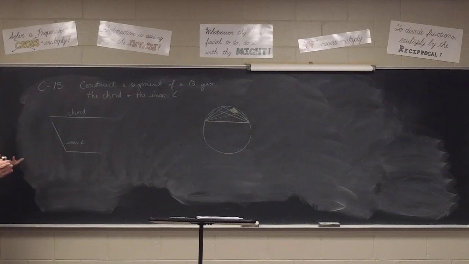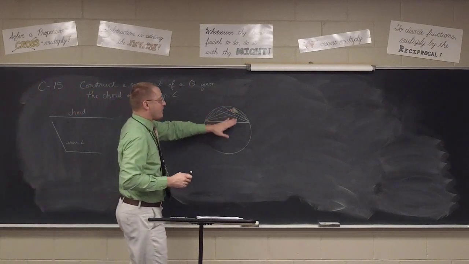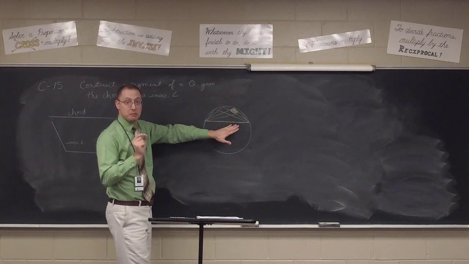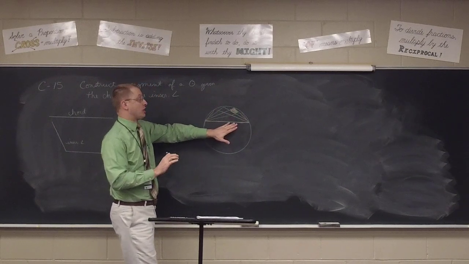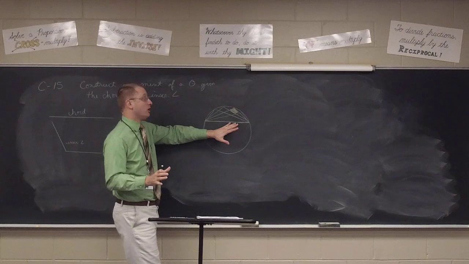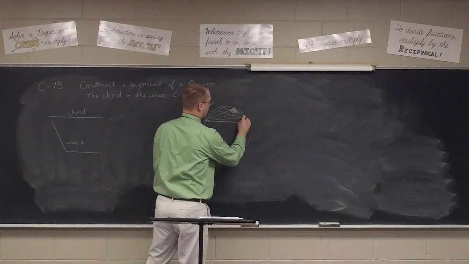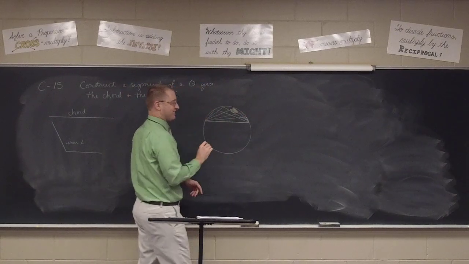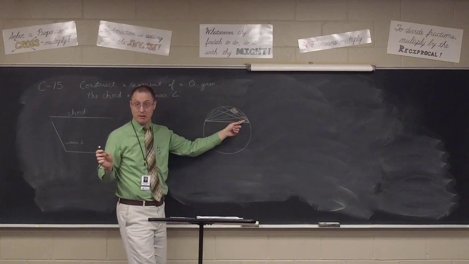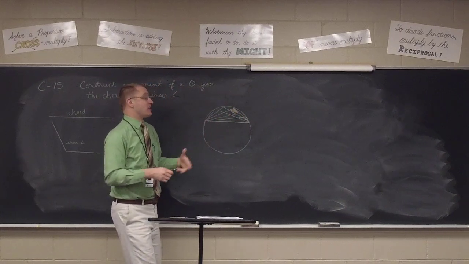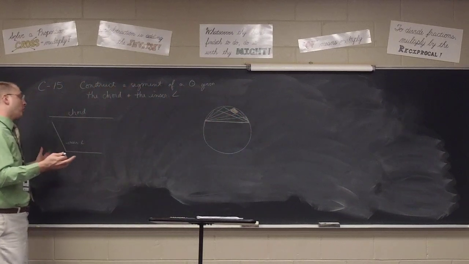So that's what we're basically going to do. We're going to make a triangle that has this angle and this opposite side. Again, it's not one specific triangle. It could look a lot different, but regardless of how it looks, it's still with that same angle, that same chord, and then to circumscribe the circle about it, we'll be good to go.